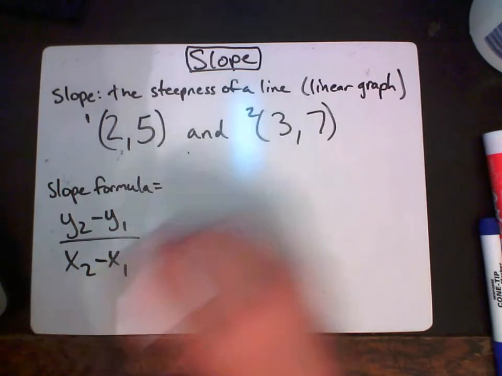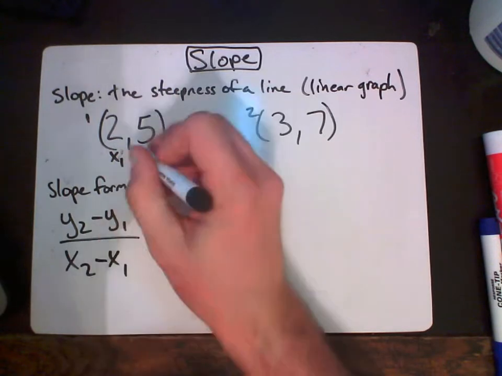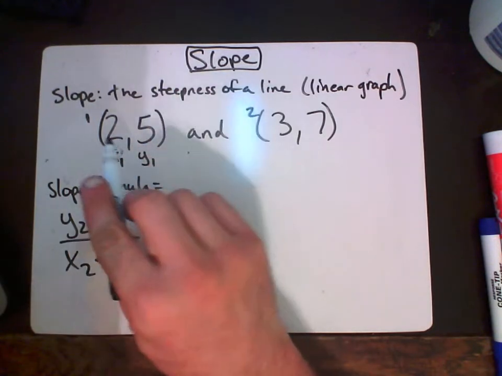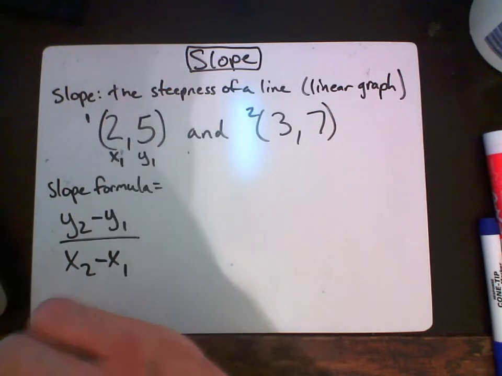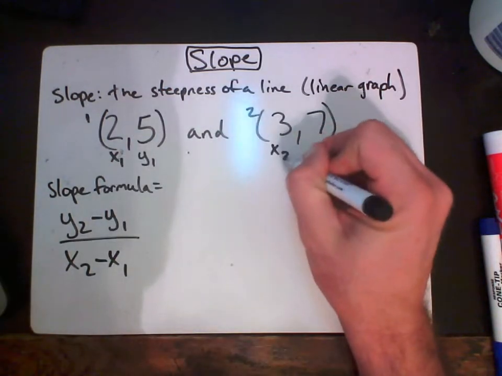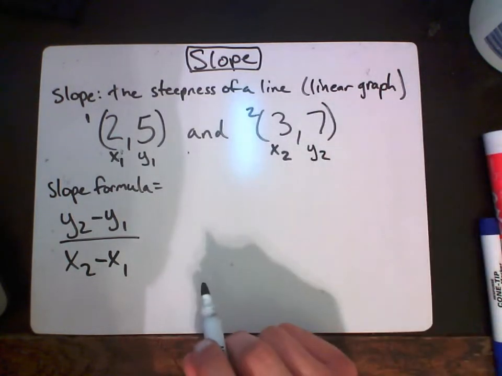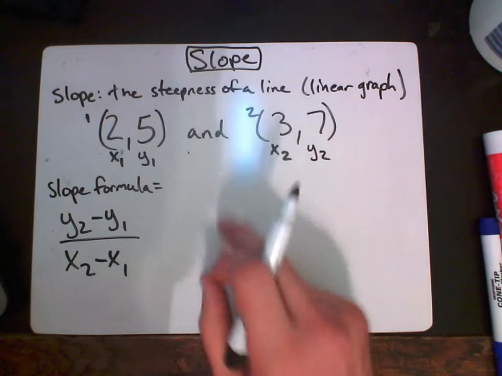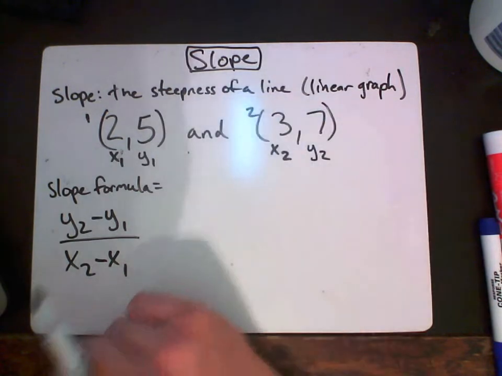So, with my formula, I have my x1 value, my y1. This just says it's my first x and it's my first y. Now I have my second x value and my second y value. Let's figure out what the constant ratio between these two coordinates is.